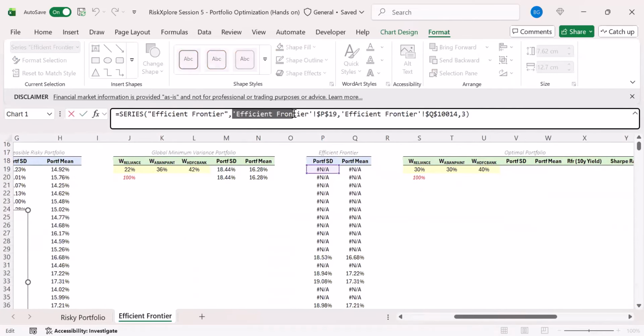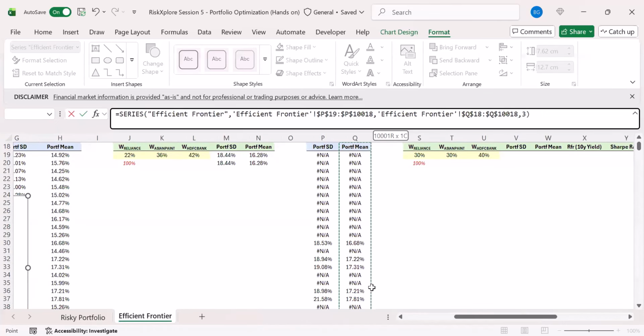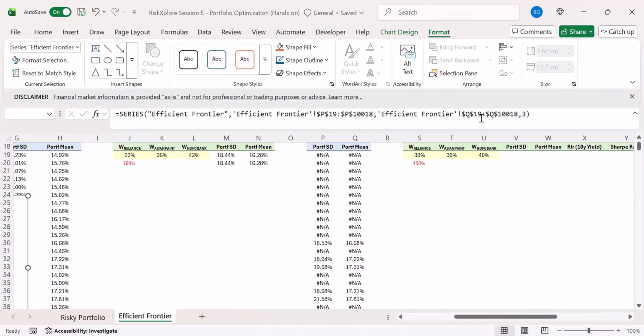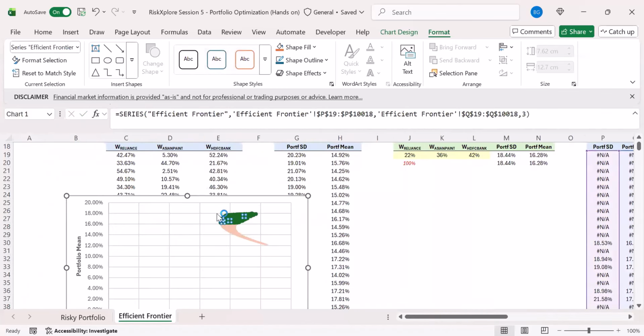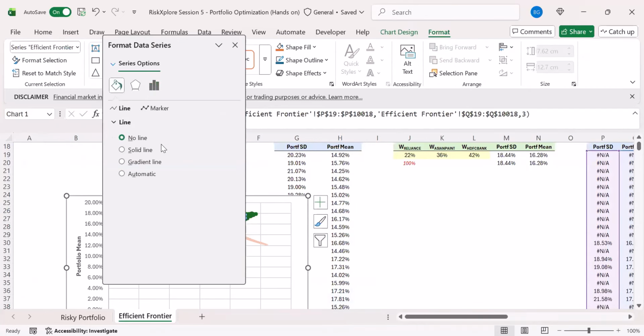Instead of referring to just P9, we can select this complete range, and instead of referring to just this cell, we can select this range here. Now we have the efficient frontier plotted here as well.